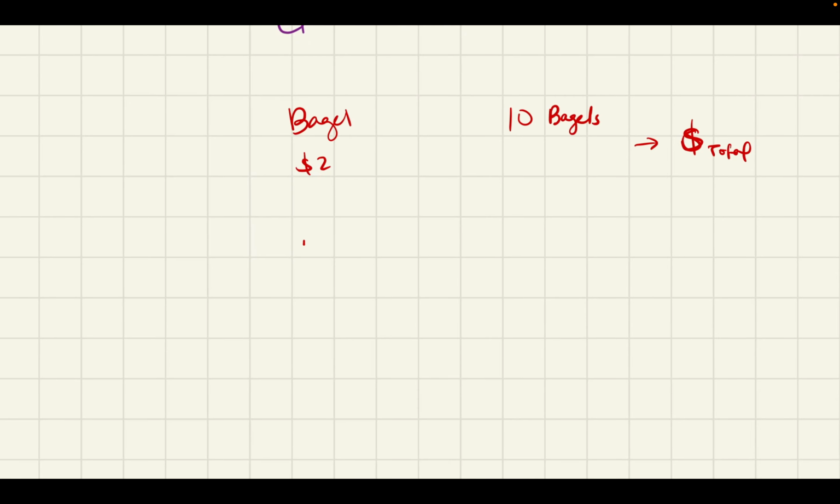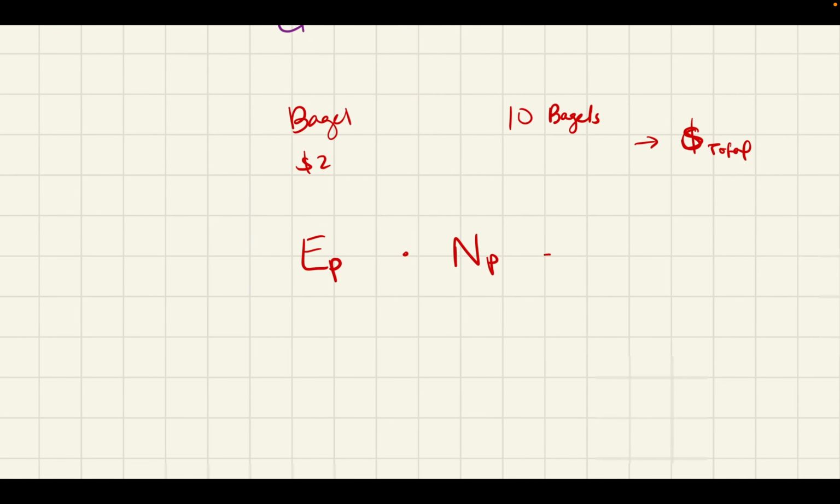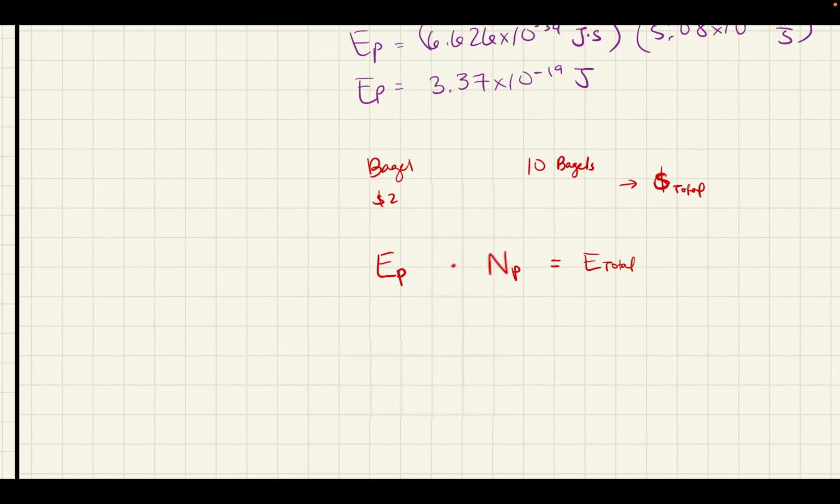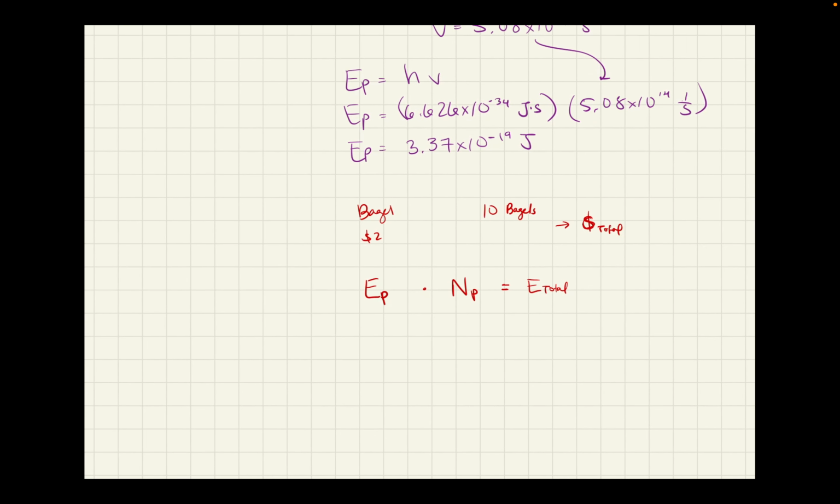What if we could calculate the energy of a single photon? Hint, hint, we just did that. And you could multiply it by the number of photons. Through that same logic, it would give you the energy total of a group of photons. And that is exactly what the question's asking for. We already know the energy of a single orange photon, but let's first work on the number of photons.